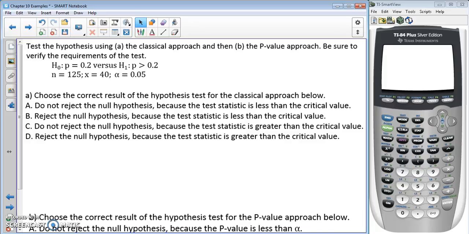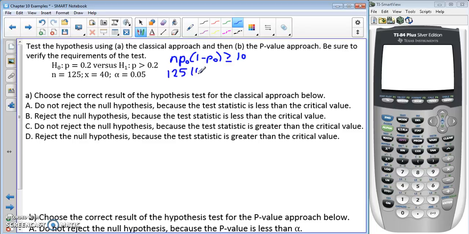and alpha is 0.05. So our requirement here that we want to test is that n times p naught times 1 minus p naught is greater than or equal to 10. So in this case, 125 times 0.2 times 1 minus 0.2.